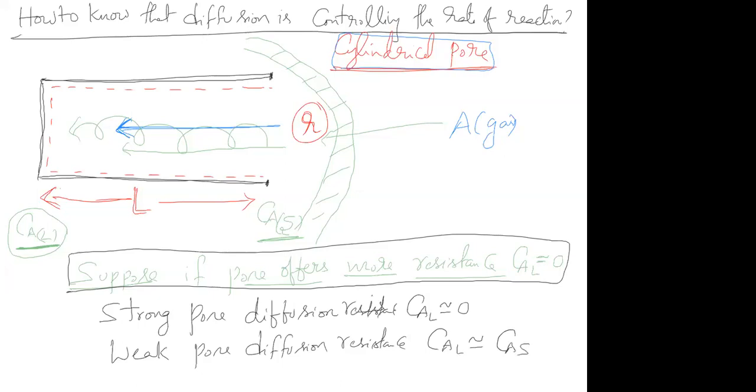Correct or not? If there is no resistance here, then the concentration is almost the same throughout the pore. If the pore resistance is very high, then it becomes extremely difficult for particles to enter inside the pore. Do you agree with this or not?